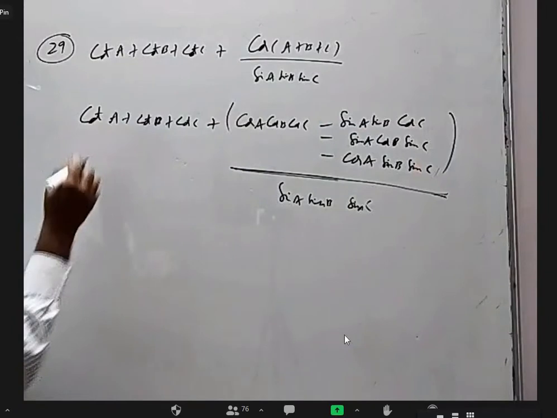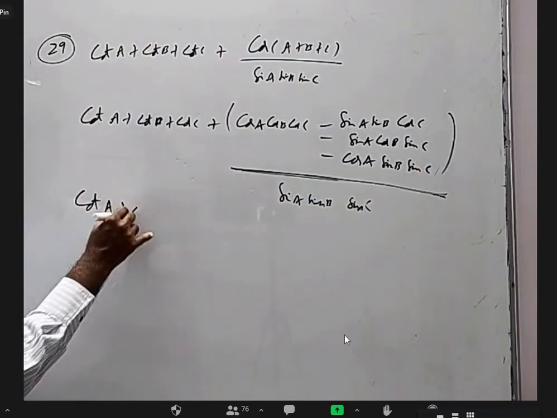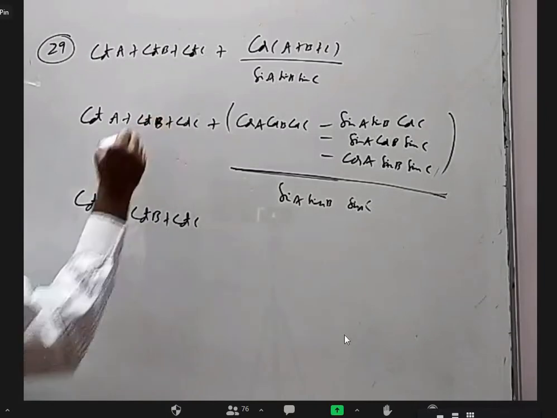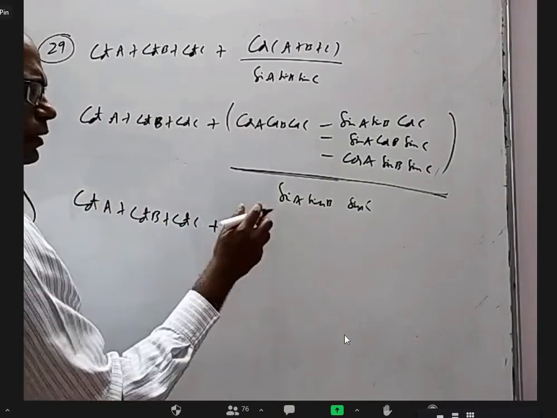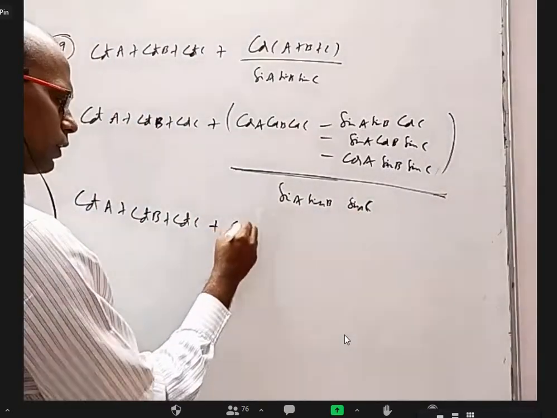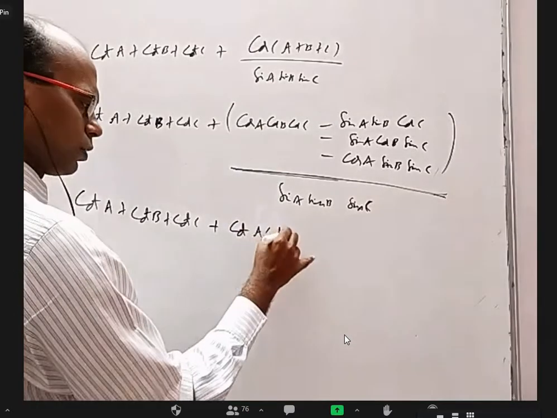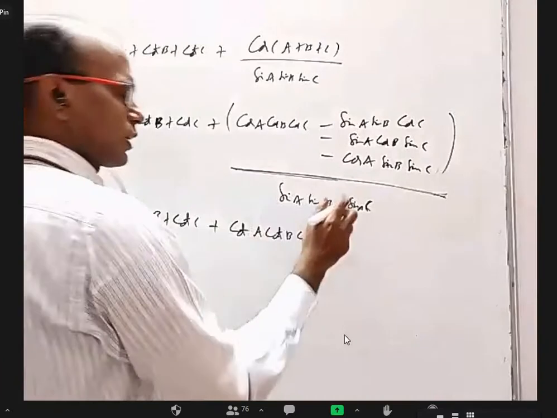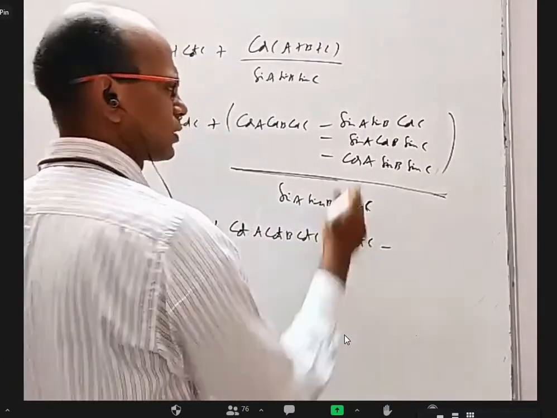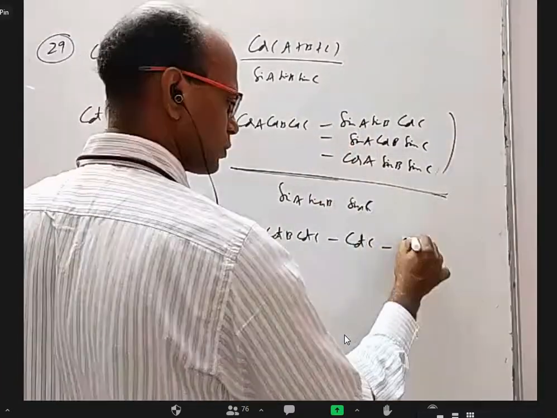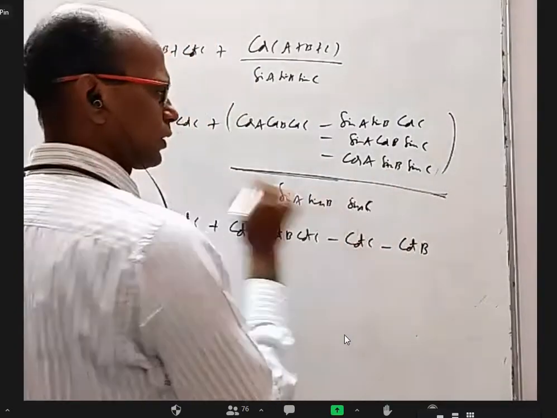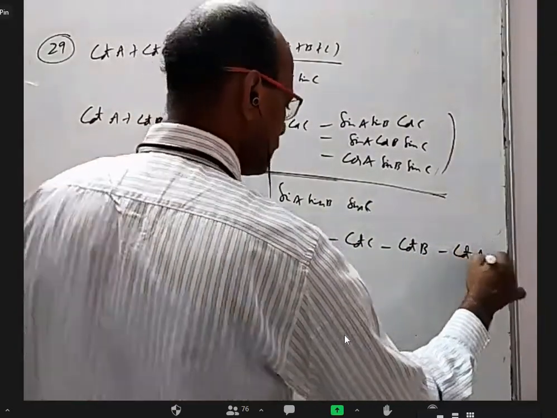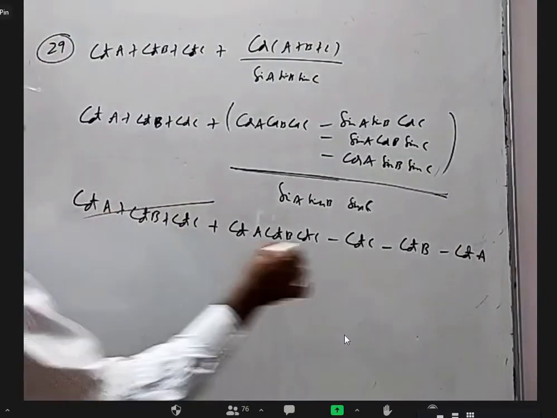Okay, so now this will remain same, cot A, cot B, and cot C. So I take this by this, I will get cot A, cot B, cot C. If I take this by this, 2 sines will come, minus cot C. If I take this by this, cot B. And if I take this by this, cot A. So those 3 and these 3 will get cancelled.